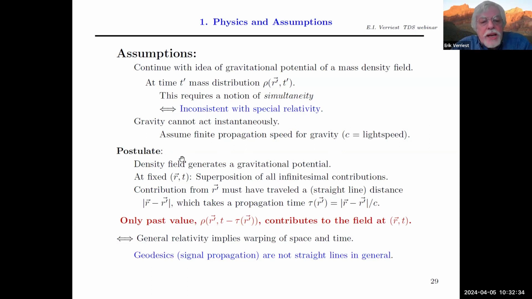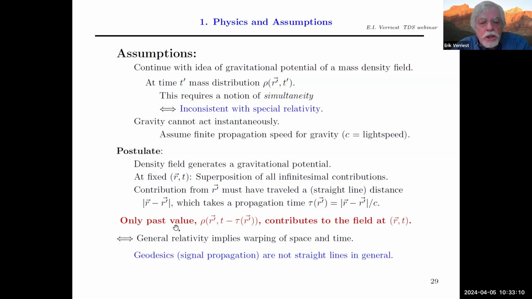So I postulate that the density field that I assume, which requires a notion of simultaneity, still generates a potential, and that potential is the superposition of all the infinitesimal contributions. And also the contributions from r prime must have traveled a straight line distance from r to r prime, and that takes a propagation time equal to this. So this is the delay due to the propagation.